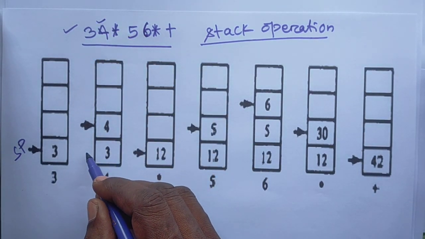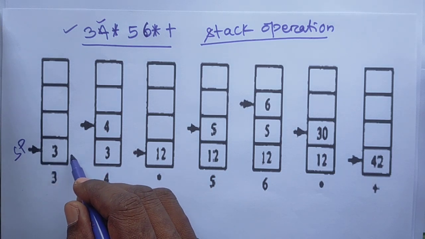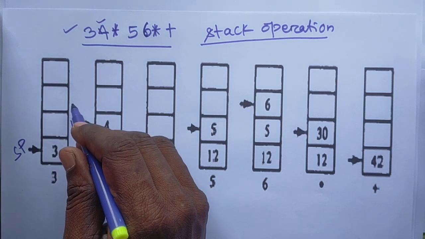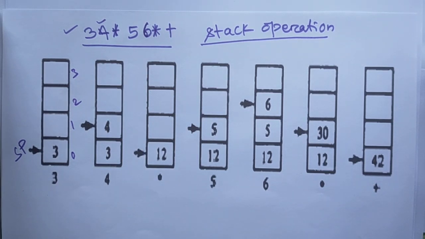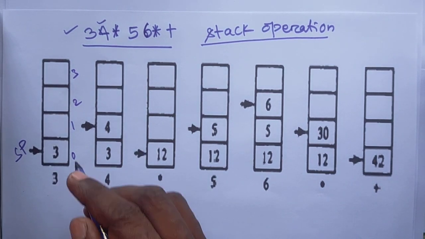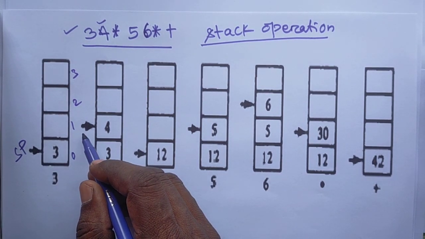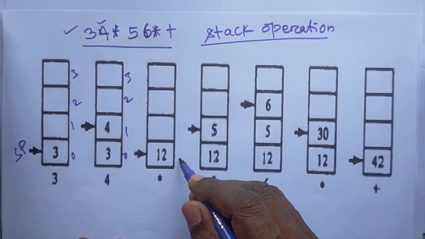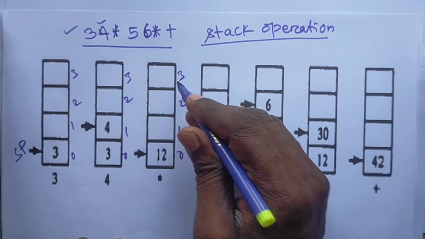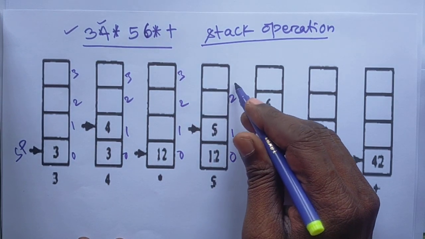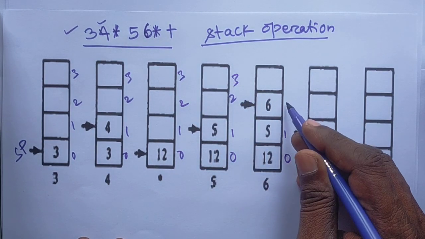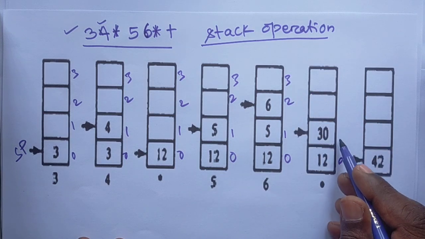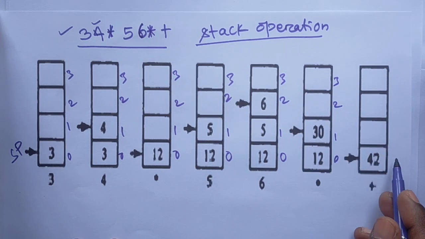Whenever SP is at a position, suppose here are positions 0 1 2 3 for example, then SP is increased by one position.